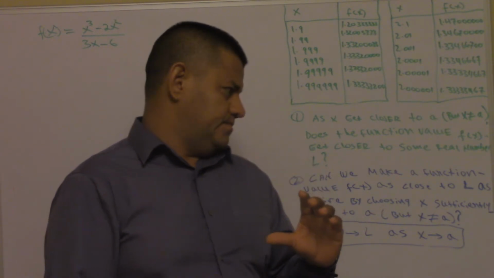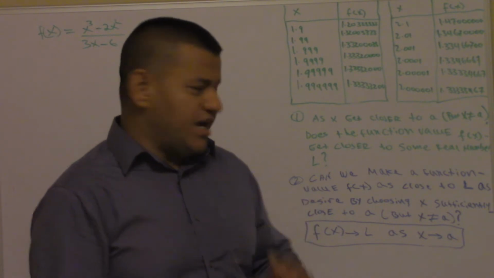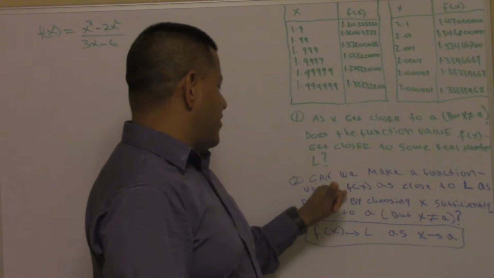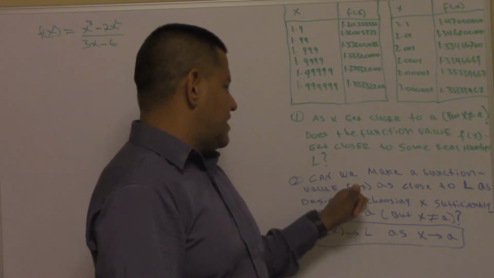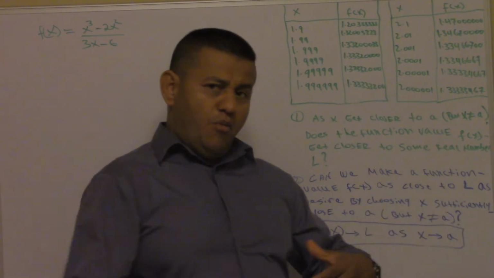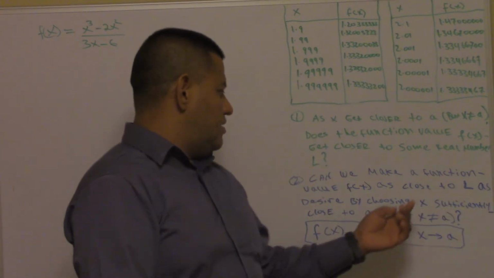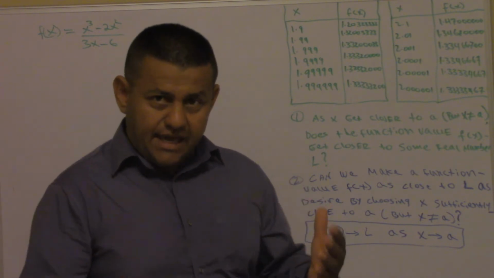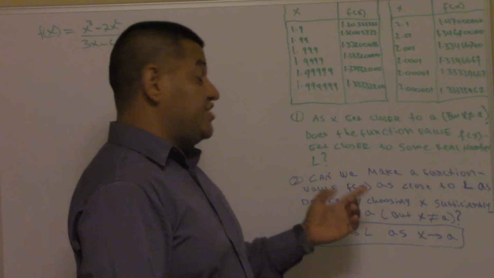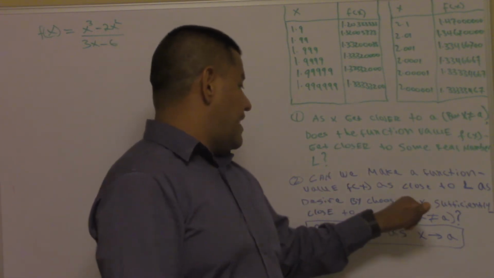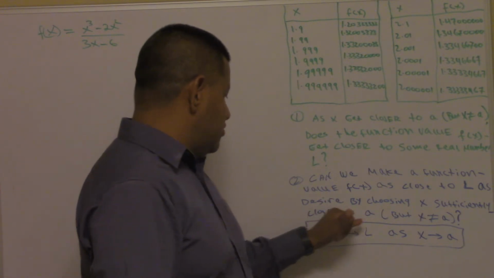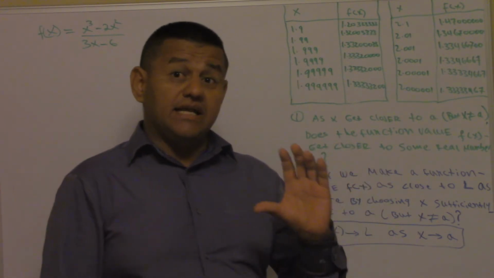Okay, let's read the question again. Can we make a function value f of x as close to a certain number L, in other words, a certain limit L, as desired by choosing x sufficiently close to a but not equal a?